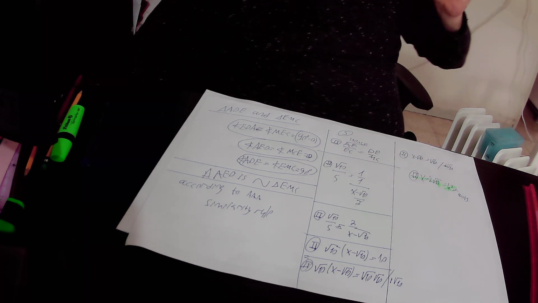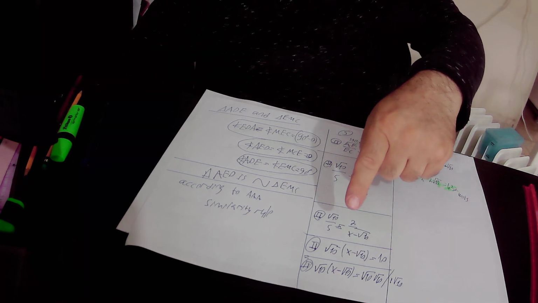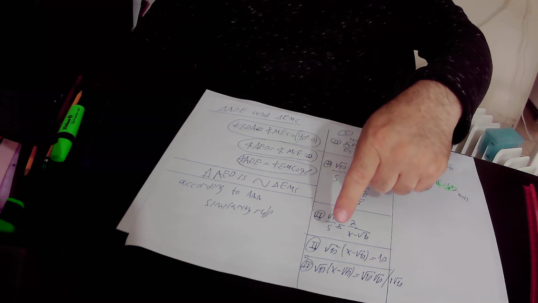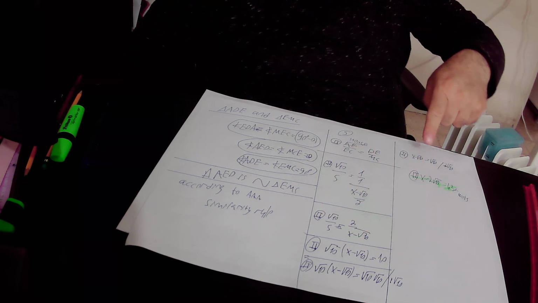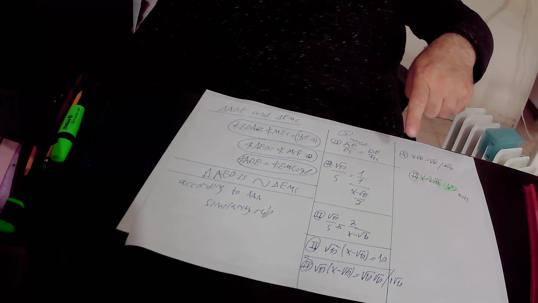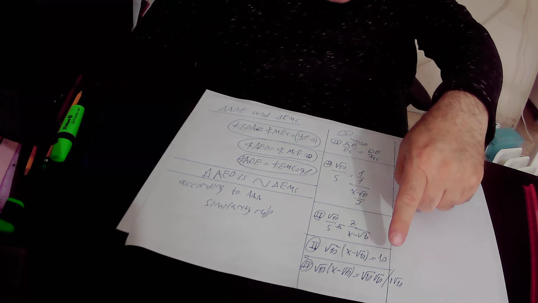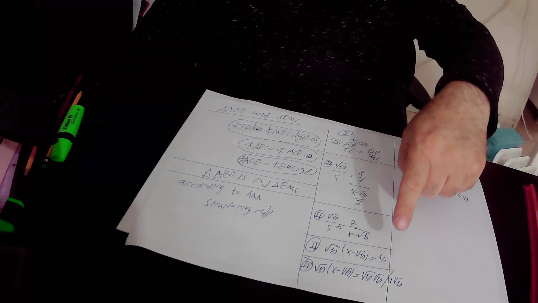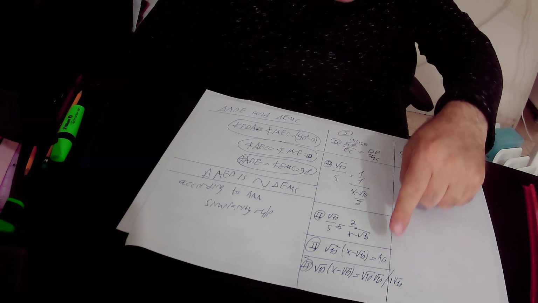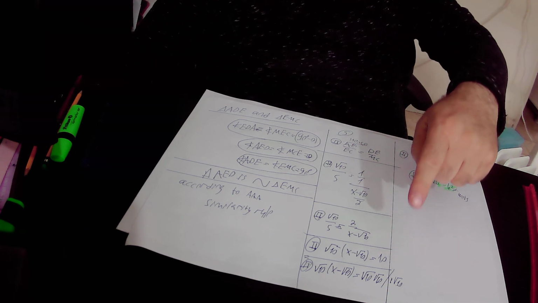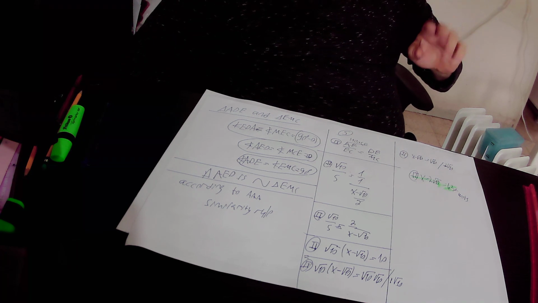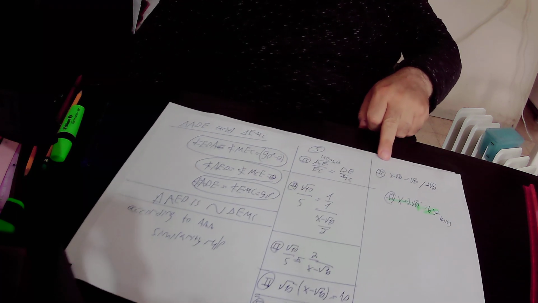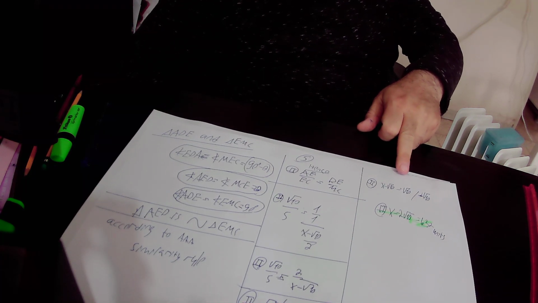So we are left only with X minus square root of 10 on this side, and on the other side we get square root of 10. So in conclusion, X minus square root of 10 equals square root of 10.